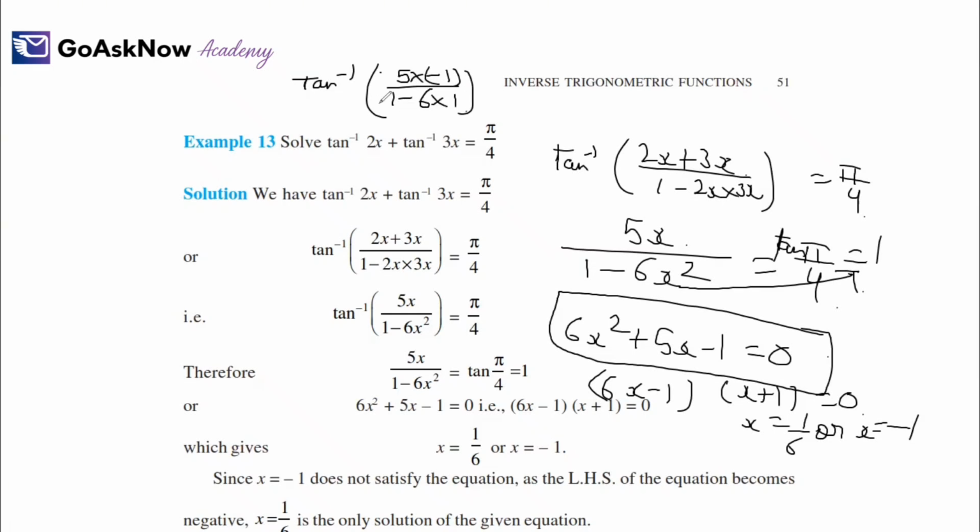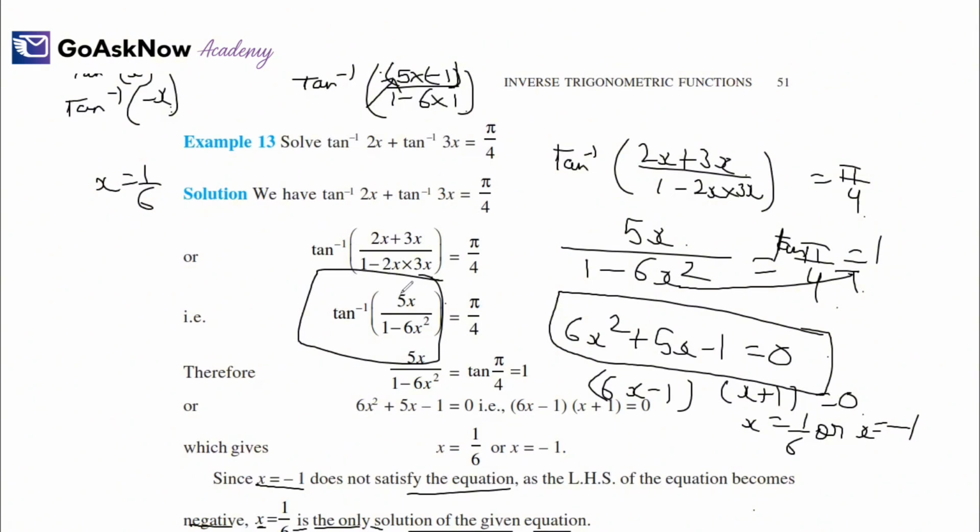The numerator is coming negative, but you should not have a negative numerator, because I already told you that tan inverse x is different from tan inverse minus x. In the numerator part, minus should not be there. So x equal to minus 1 does not satisfy, because the LHS becomes negative. So x equal to 1 by 6 is the only solution, because it gives a positive value inside the bracket.